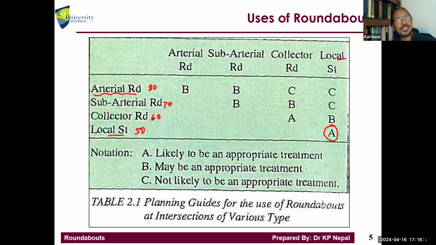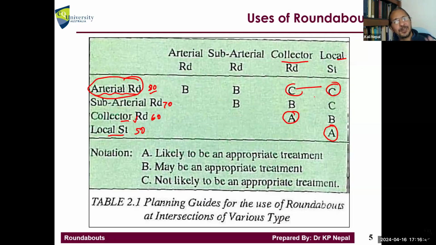It is also good when a collector road meets a collector road. Did you see? Collector road meets collector road. But they are not good if one road is an arterial road carrying 80 km/h speed and the other road is like 50 or 60. That's not good. The reason is that the main road carries heavy traffic, they keep on coming, and from the side road or smaller road, people can't get into the roundabout.